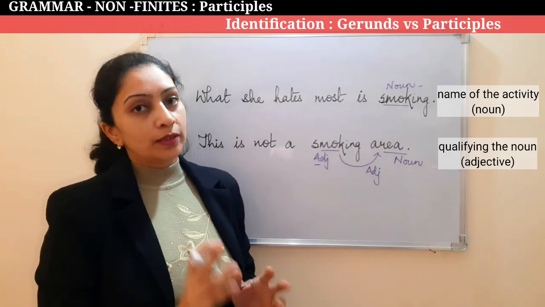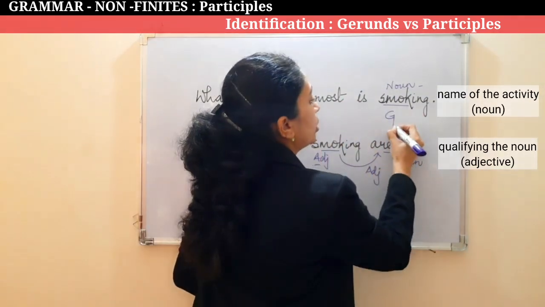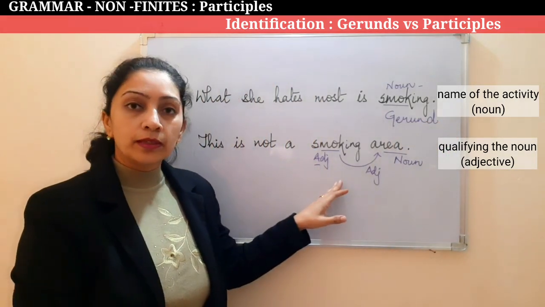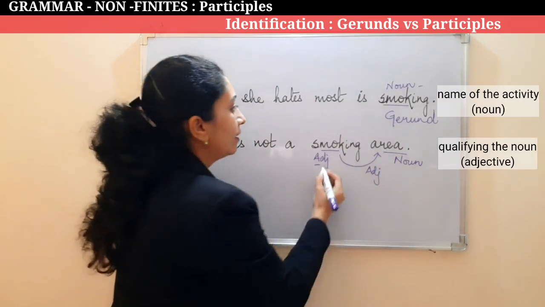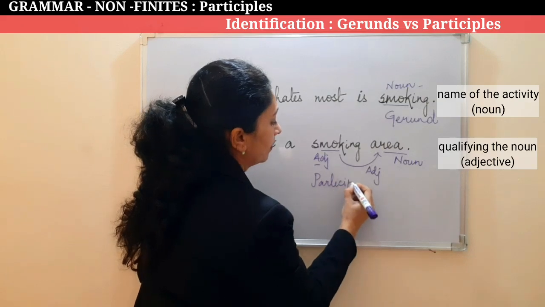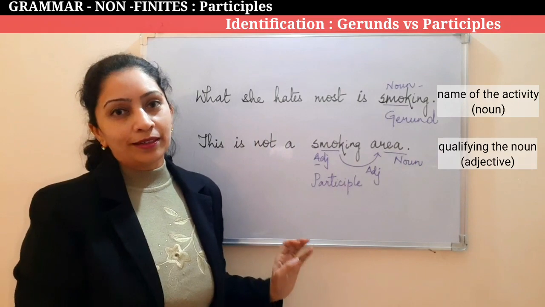That ing word which is used as a noun is called a gerund, whereas if the ing word is used like an adjective to another noun, then it is a participle. So here we know the difference between gerund and participle.